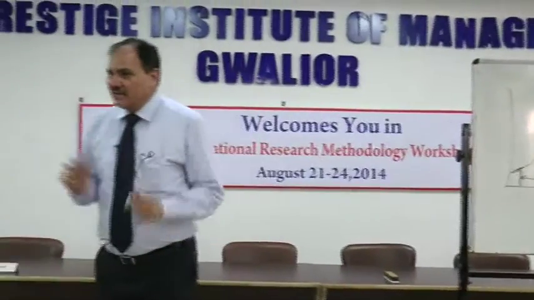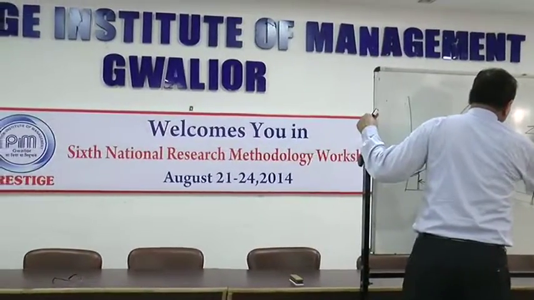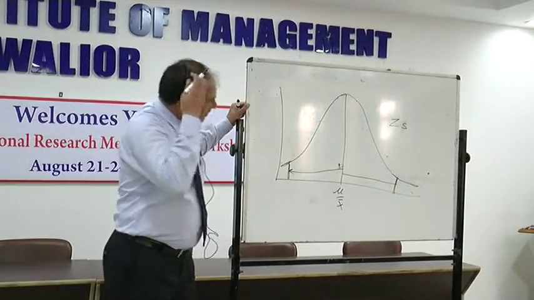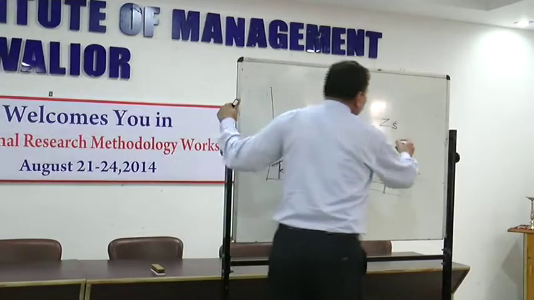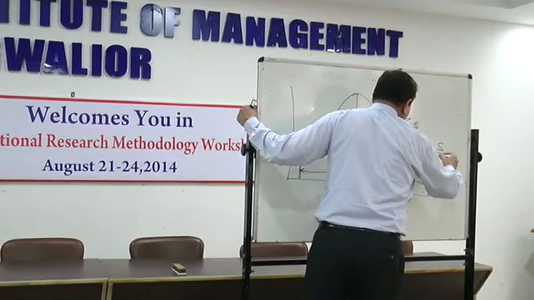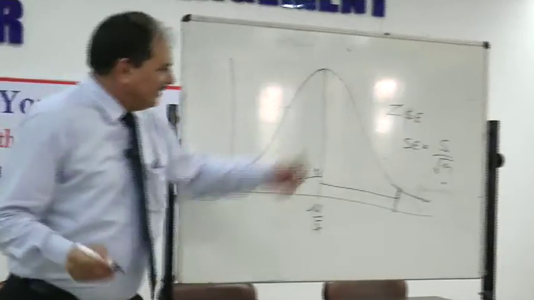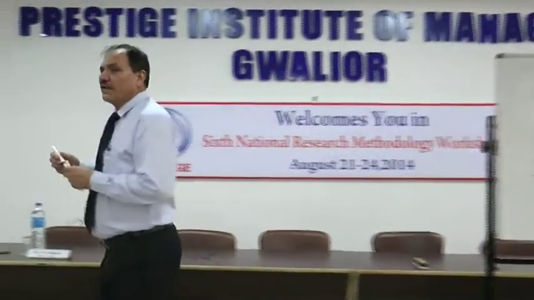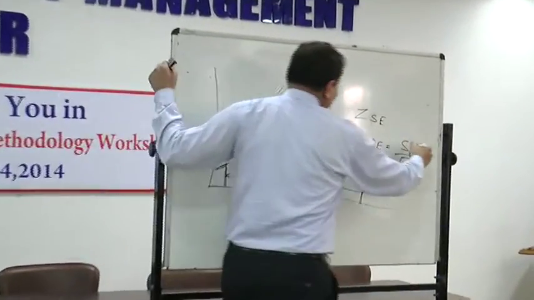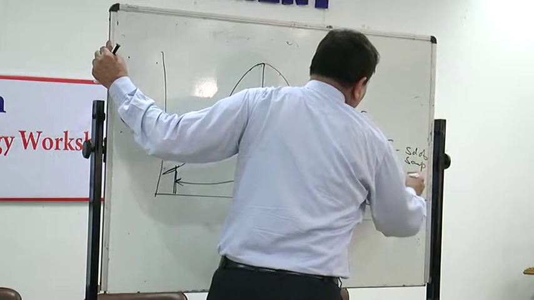Z multiplied by the standard error, ZSE. Now, if you convert that, standard error SE is equal to S divided by root n. That means I can replace SE by S divided by root n, where S is the standard deviation, SD of the sample, and n is the sample size.